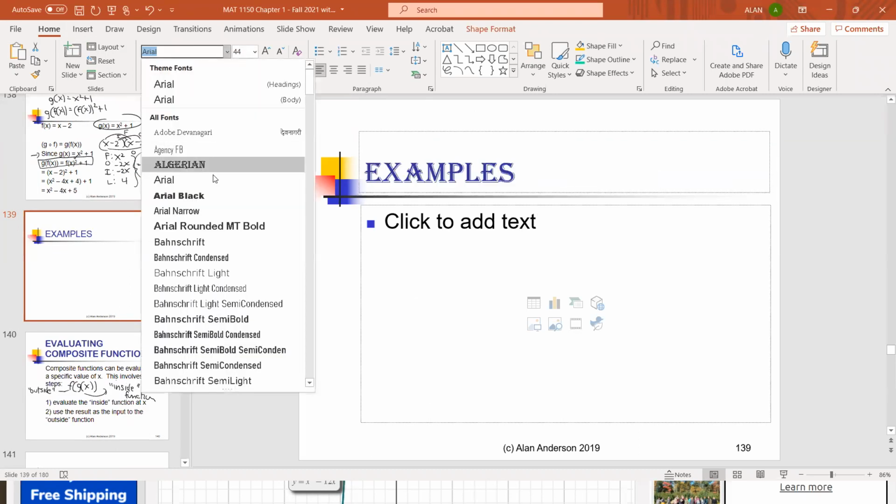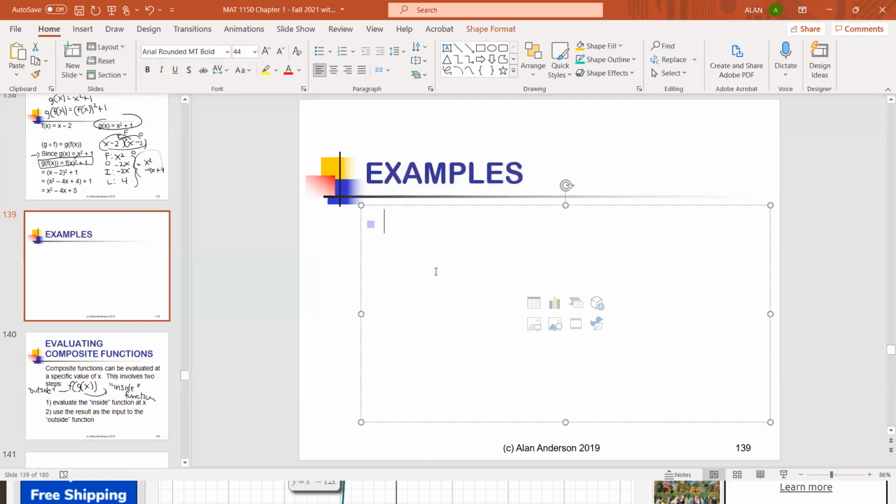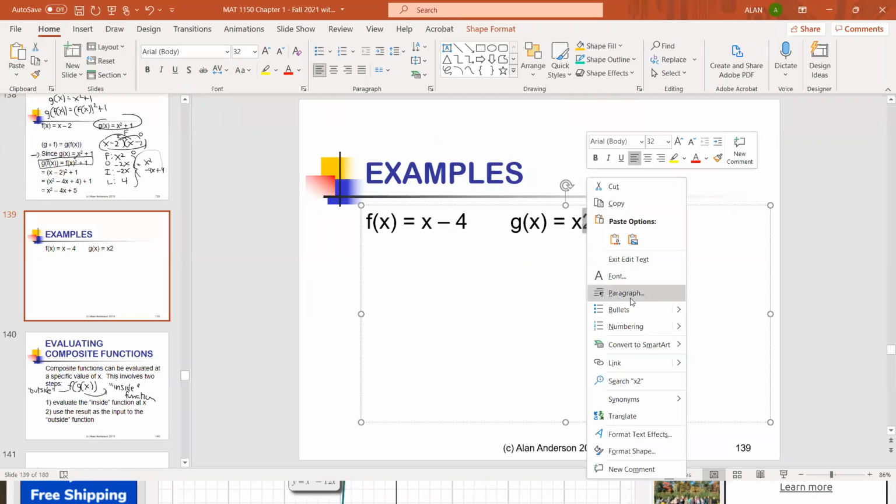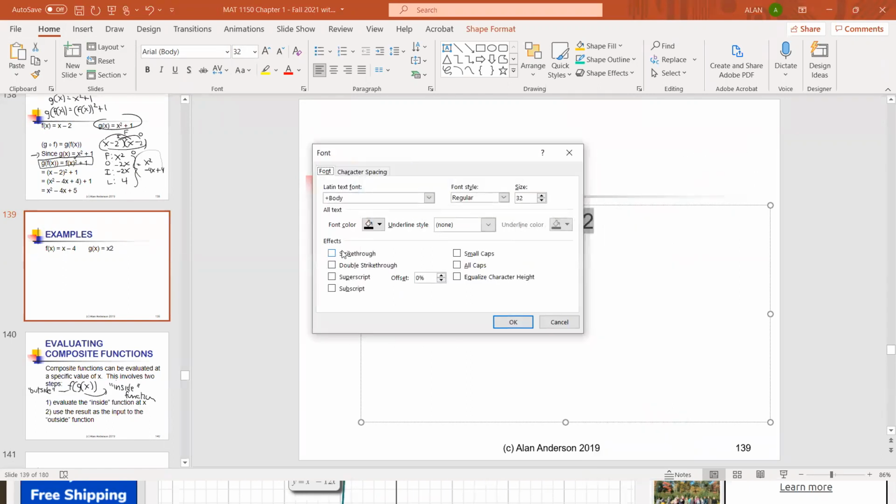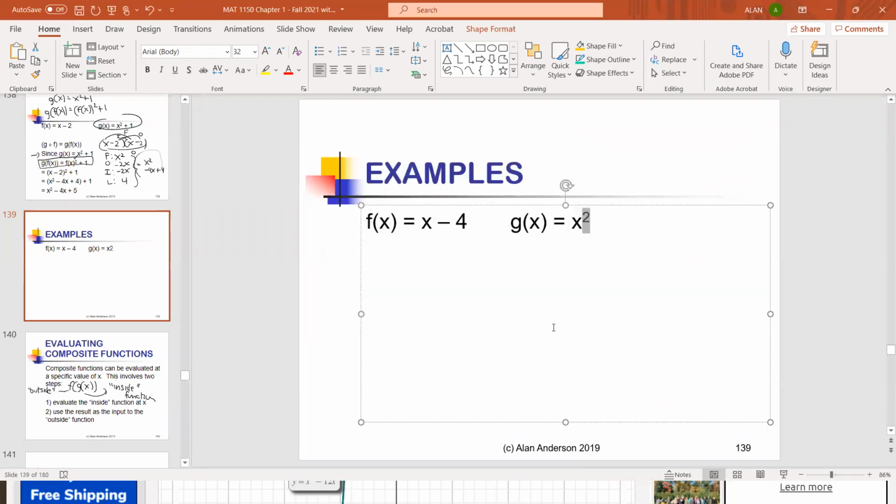All right, let me make one up right here and now. F of x is x minus 4. G of x is x squared plus 1.